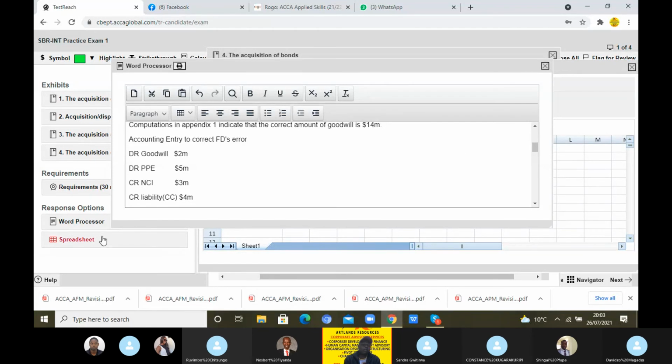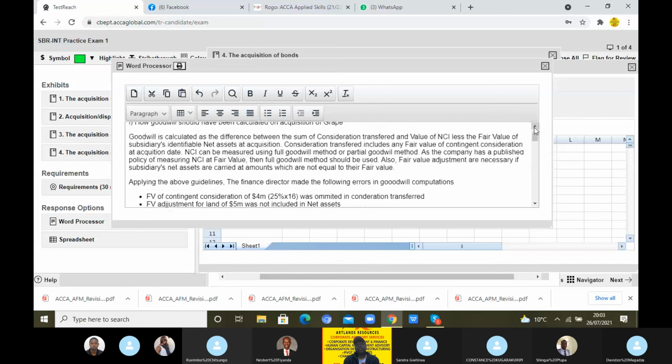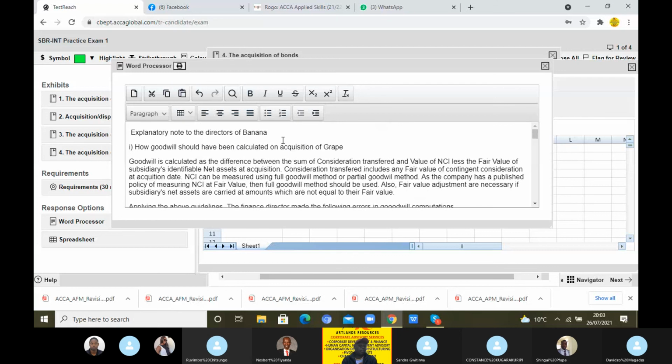Don't bother copying workings from your spreadsheet and pasting them into the word processor, because both response options are submitted automatically. When the clock is up, they are submitted automatically. So that's another issue that I just wanted to say.